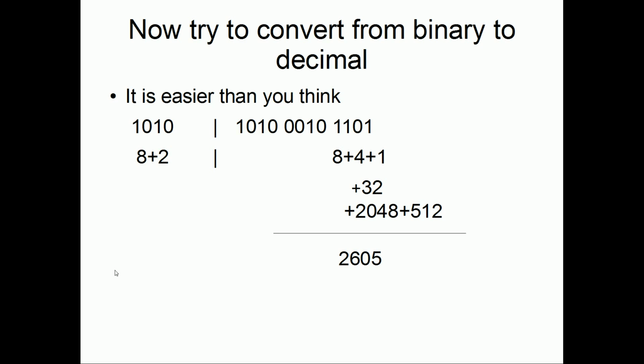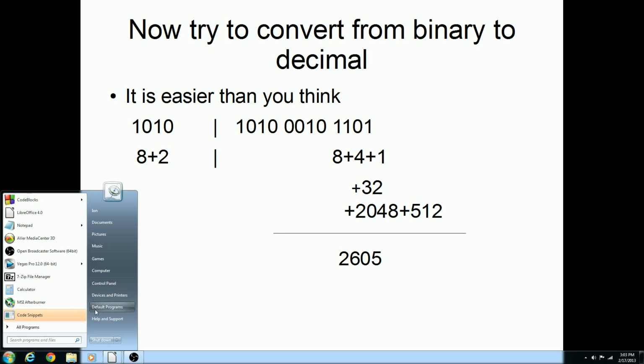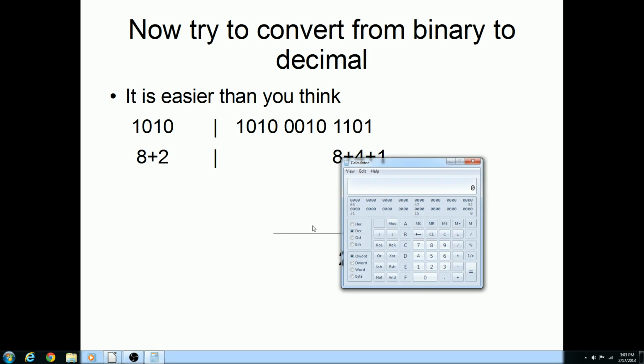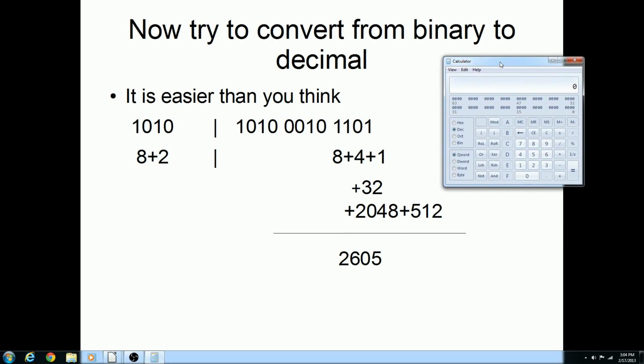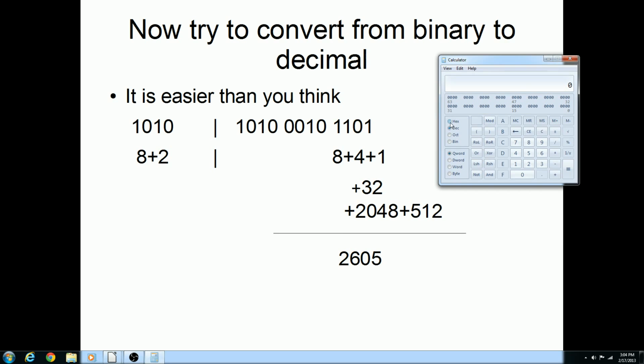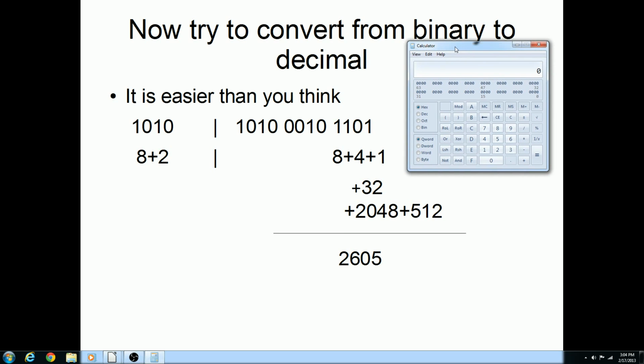And this works for numbers. So let's prove that this actually works. Go ahead and open your calculator, click View, Programmer, and let's type in hex. So let's type in 1010.